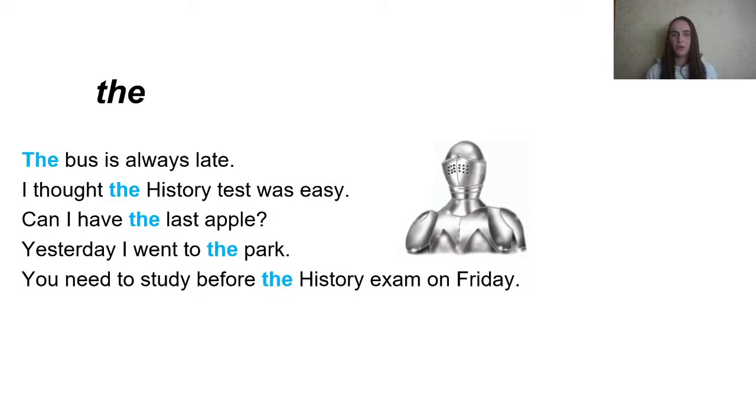But when I'm talking about this bus for the second time, oh look, the bus is coming, or the bus is always late, in this case I'm using the article the because I talk about this bus for the second time. So I'm talking about this definite bus, right? I may also say this bus or that bus. So that would just mean the same.